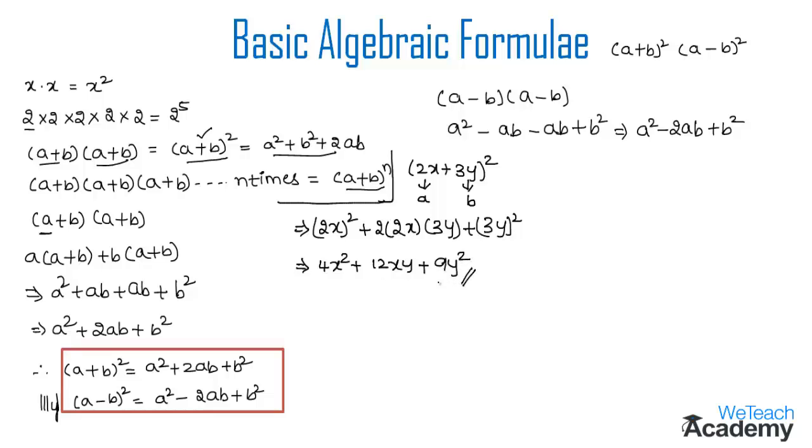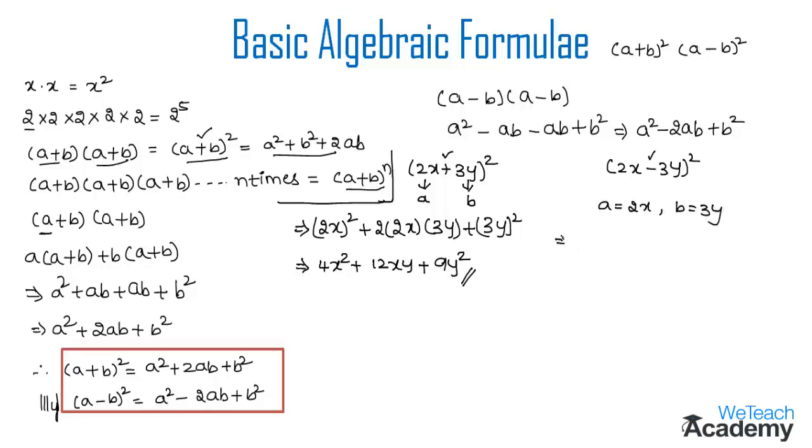Now let us consider a similar example, 2x minus 3y whole square. In the previous example we had the plus sign, and here we have the minus sign. So how do we find this expansion? We observe that this is in the form of the formula a minus b whole square, and by comparing we get a as 2x and b as 3y.